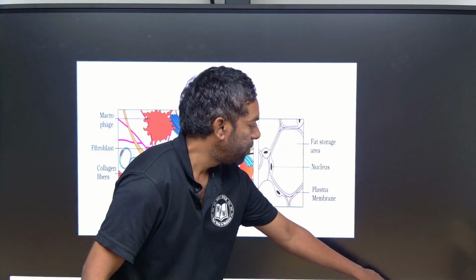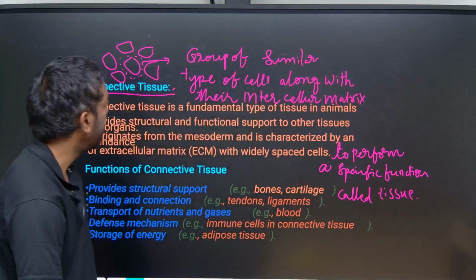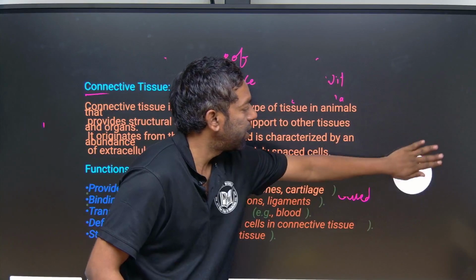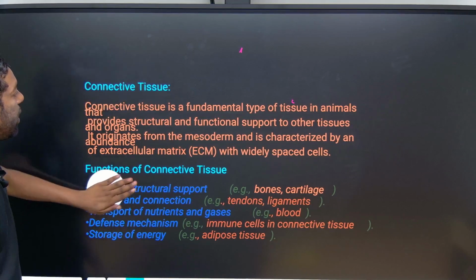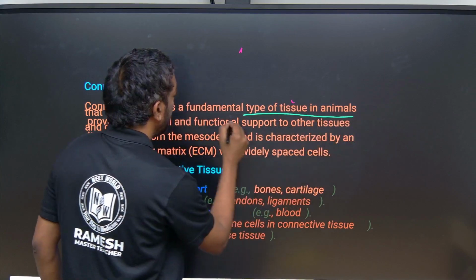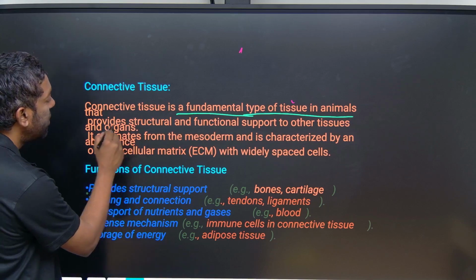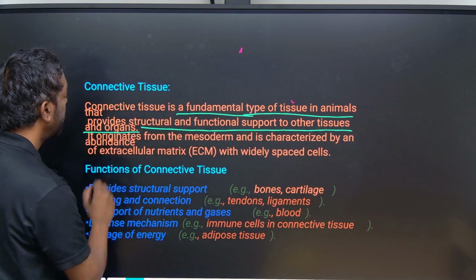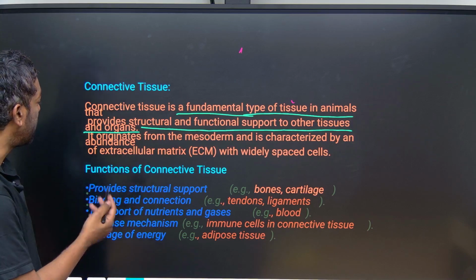And if we come to the connective tissue, what are the characters of the connective tissue? Connective tissue is a fundamental type of tissue of animals. It provides structural and functional support to the other tissues and organs.